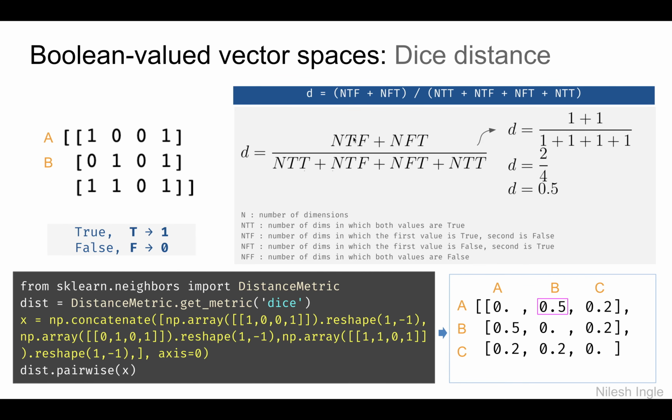I want to count each of these values for the combinations of ones and zeros, put them in the relation, and then get the final calculation. Here we get a value of the dice distance as 0.5, and as calculated from the code shown here, and the output matrix on the bottom right, we see in the magenta box that the dice distance between A and B is 0.5.